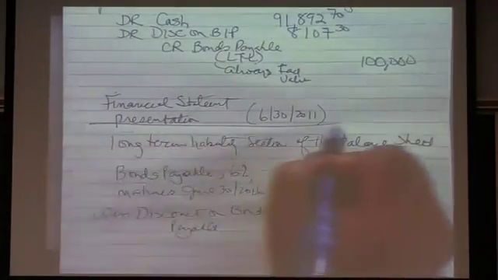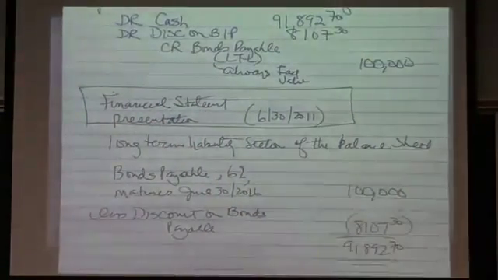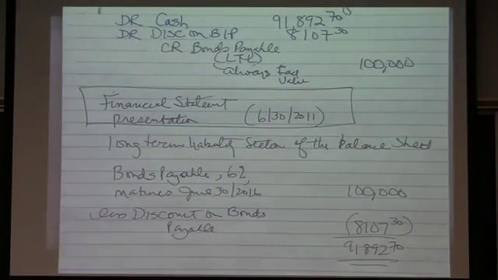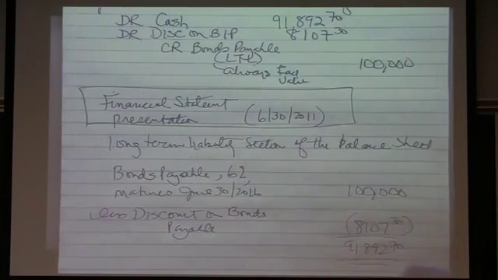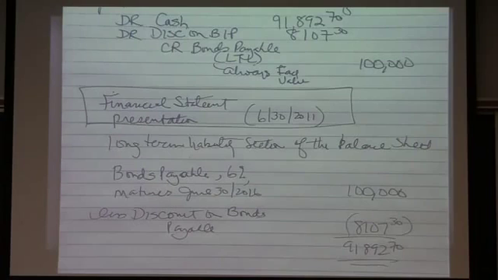Couple points to note. Because the bonds are issued at a discount, the amount of liability is going to be $91,000, the net. But over time, over the 5 years, we're going to amortize this discounts on bonds payable. We're going to make that 8107 go down to 0, increasing the liability to the $100,000.